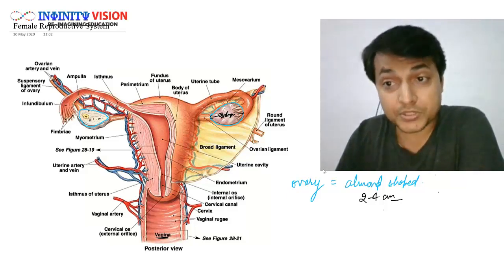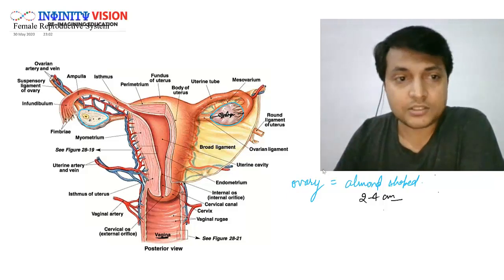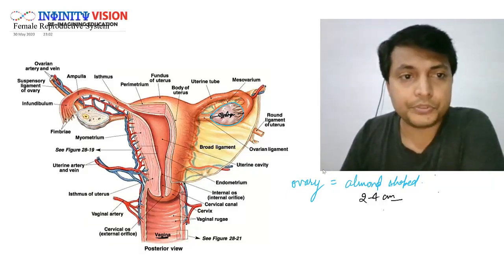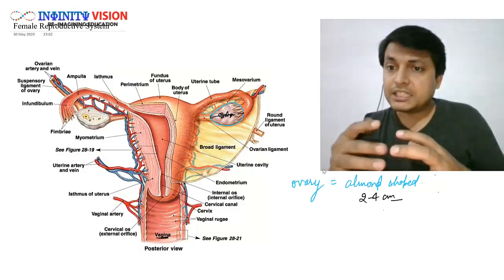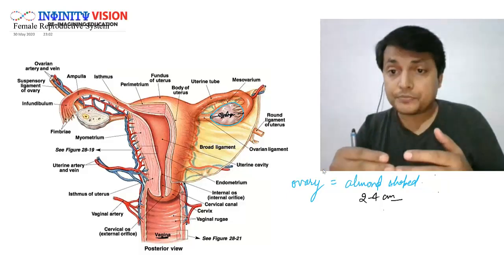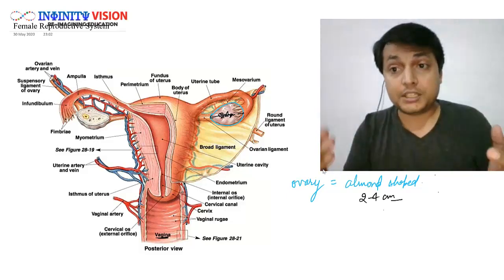What it is composed of, what is its function, we will see later. But as of now, let me tell you that if you see inside the ovary, the whole ovary is divided into two parts. Most of the gametogenesis occurs in the outer part, that is the cortex.